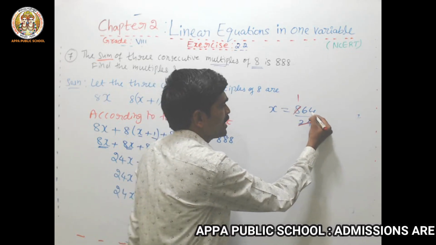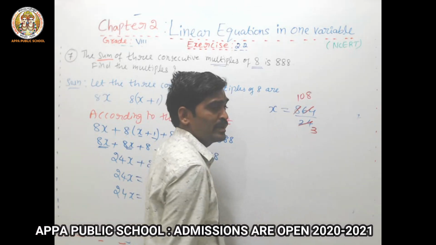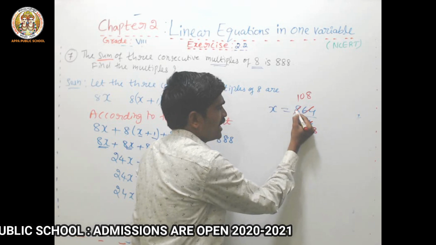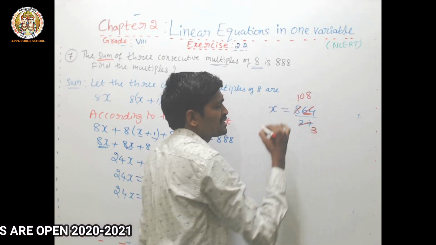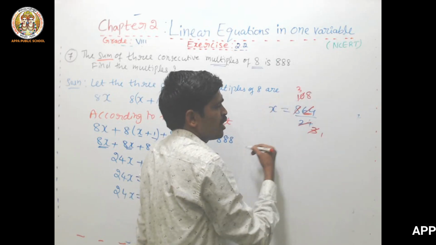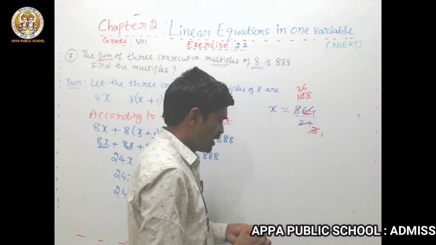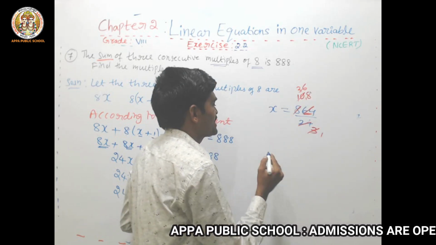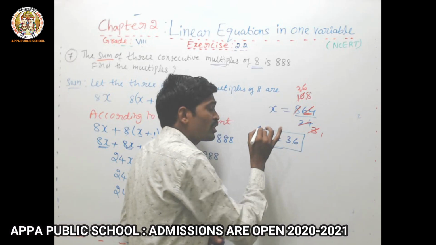If you want to take two numbers at a time, you should write 0, then 8 8 is 64. Again, 3 1 is 3, 3 3 is 9. How much remaining? 1 remaining. That should be 3 6 is 18. So here we get x is equal to 36. x is equal to 36. So this is not the final answer.